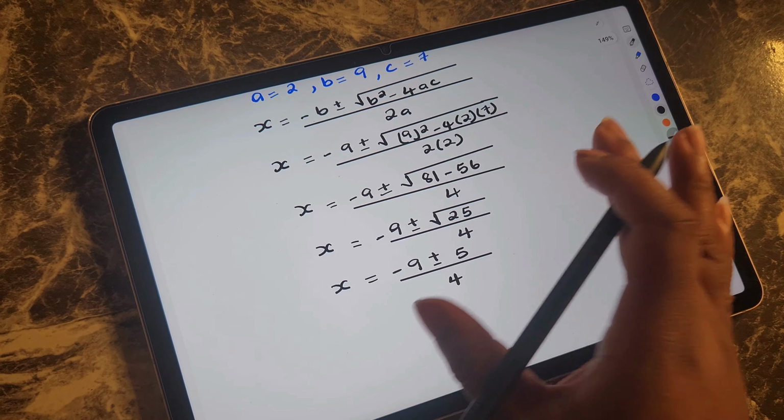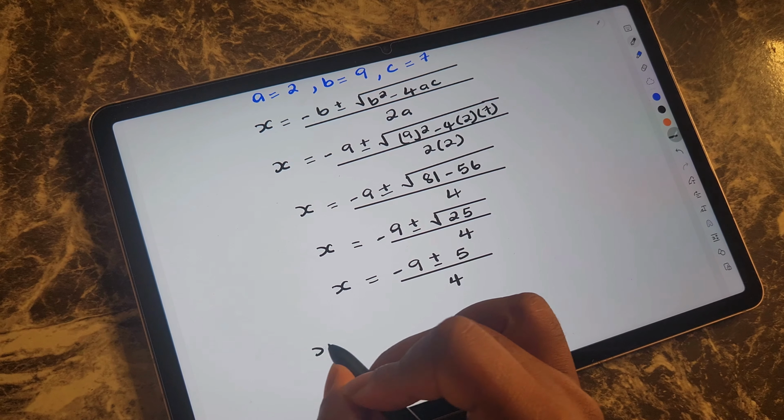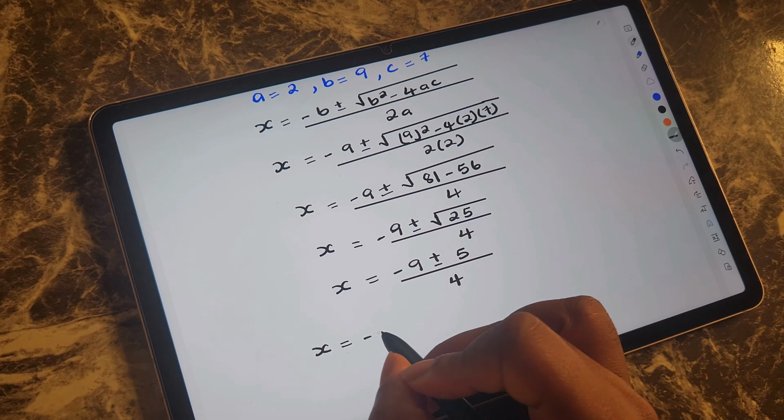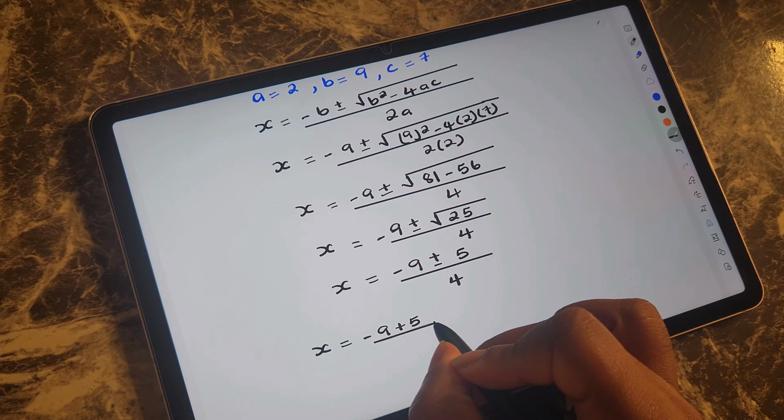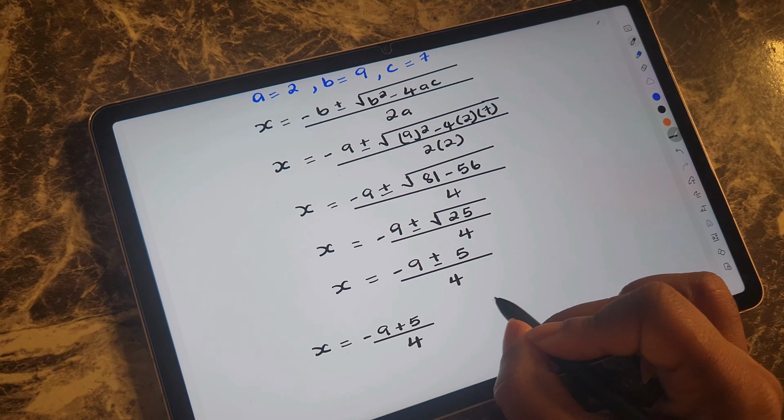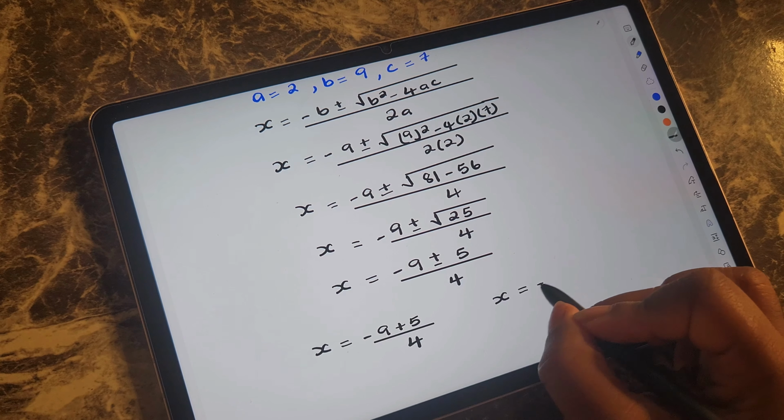So here we are getting x being equal to negative 9 plus 5 all divided by 4, as well as x being equal to negative 9 minus 5 all divided by 4.